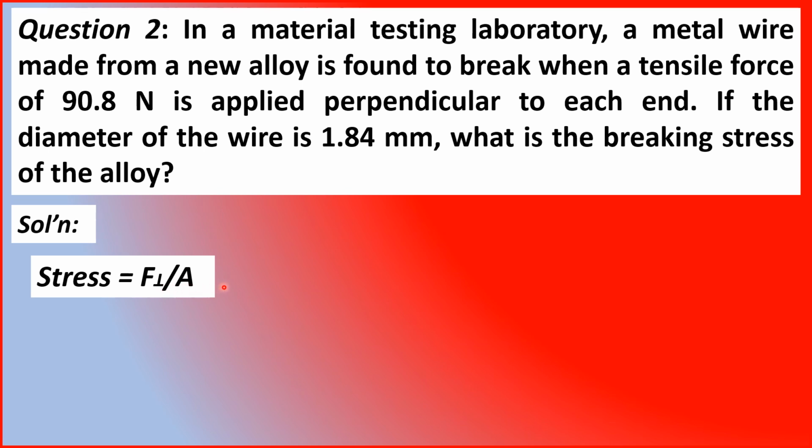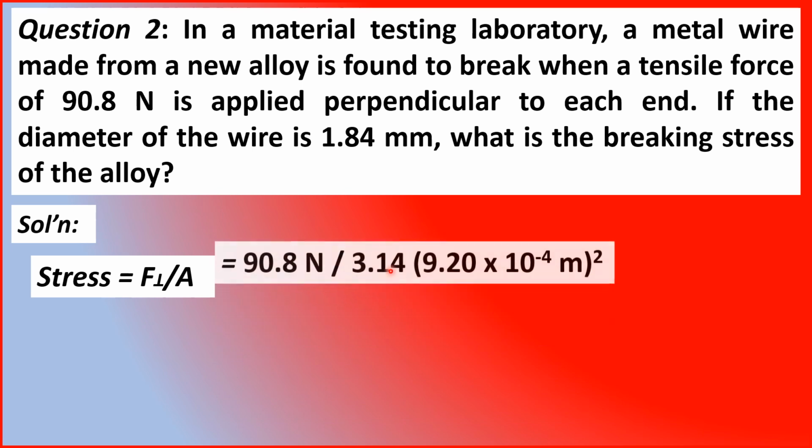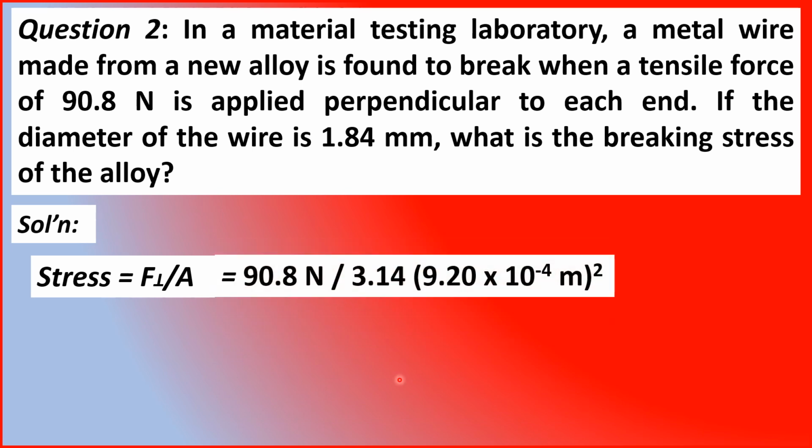All right. So, since tensile force is given and the diameter of the wire is also given, we just plug in those given quantities to this formula. That is 90.8 newtons is the tensile force. Okay, and that will be divided by pi r squared.